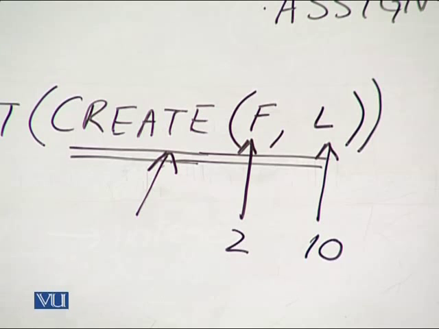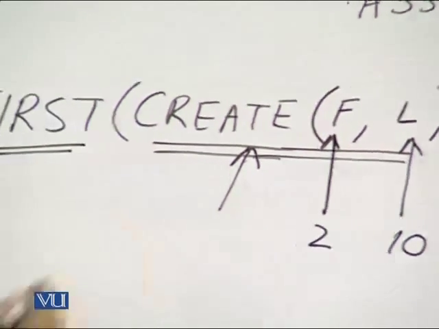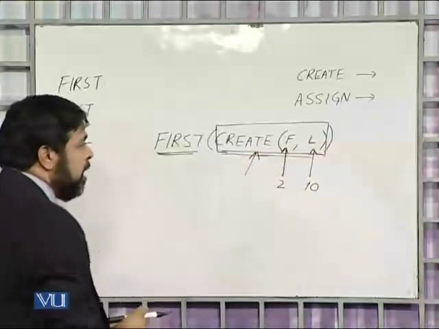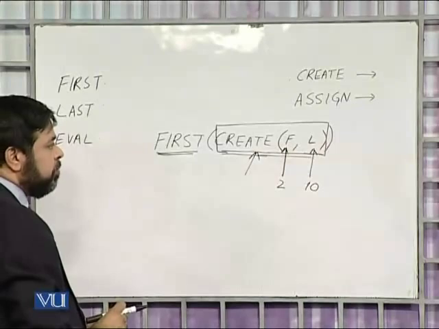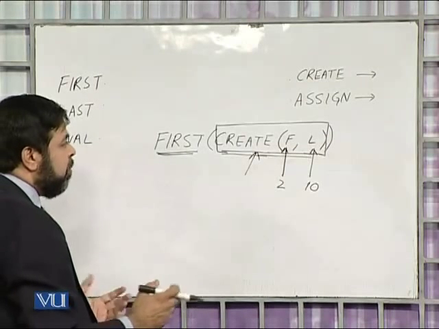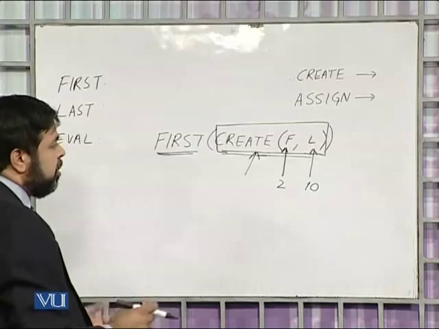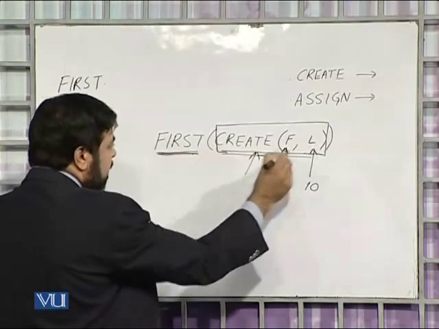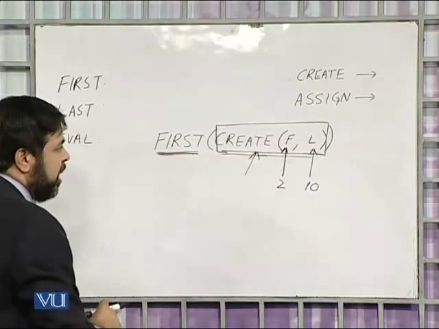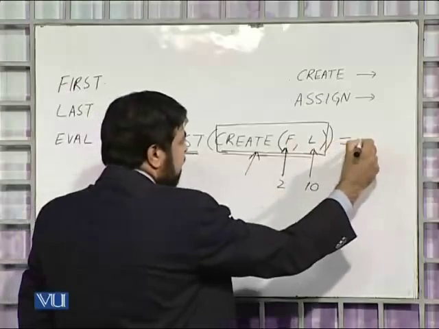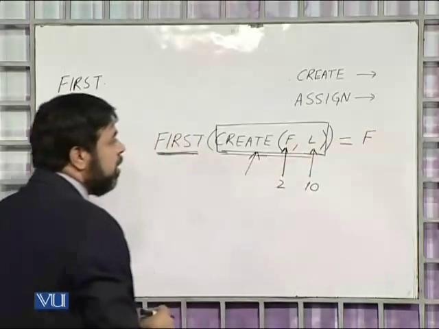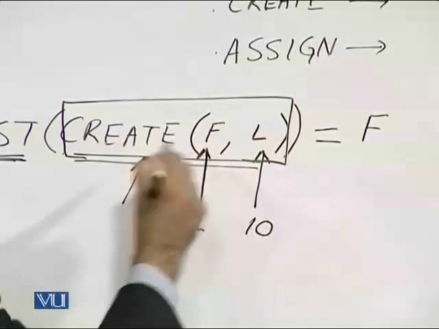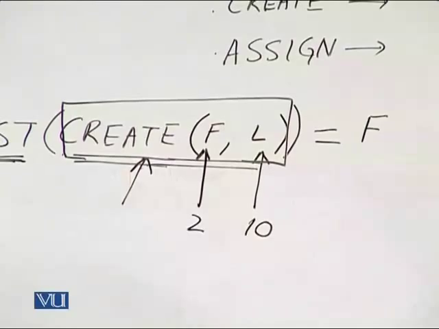Now the question is, when I put this query onto this array that I have just created with these values as indices, what should I get back? The answer is very simple. When I apply this method first onto the array that has been created by create f l, the answer that I get back is f. That is, I should get the value that has been input here.